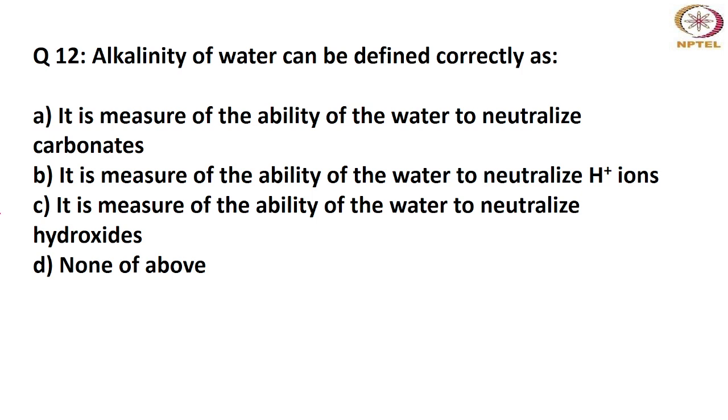Okay, so the alkalinity measures the ability of water to neutralize H plus ions. So the option B is the correct one. It is not related to the neutralization of carbonates, it's not related to the neutralization of hydroxide. So how much H plus ions can be neutralized, that will determine the alkalinity of the water.